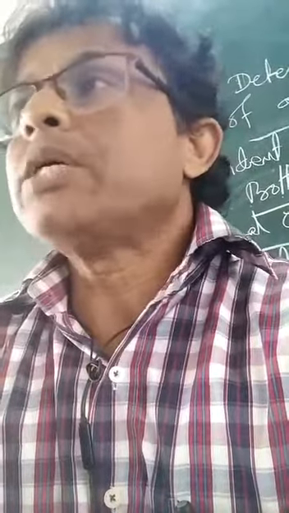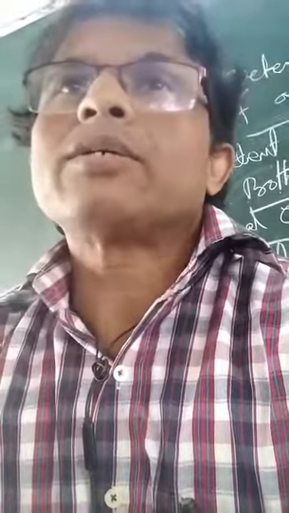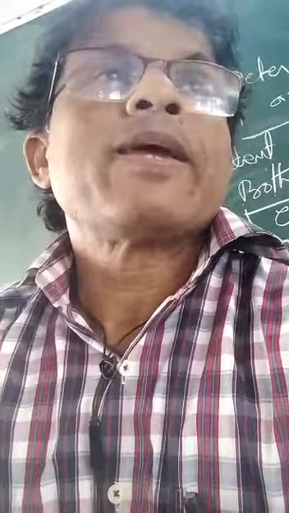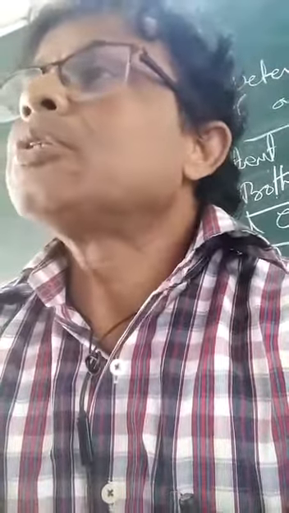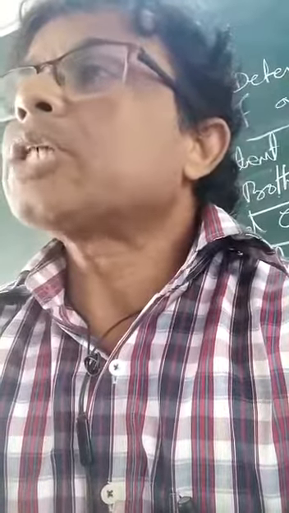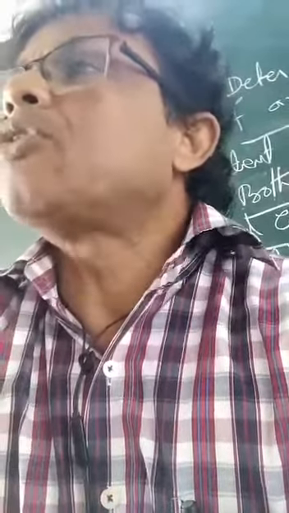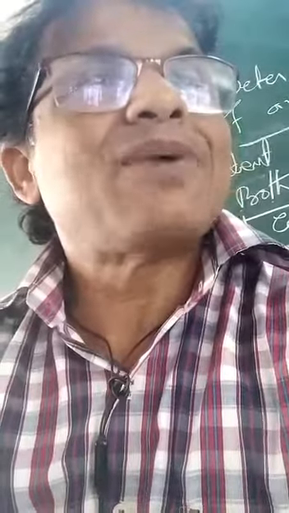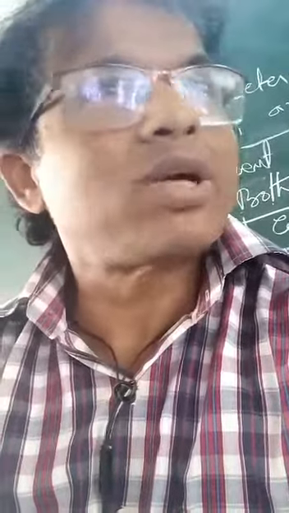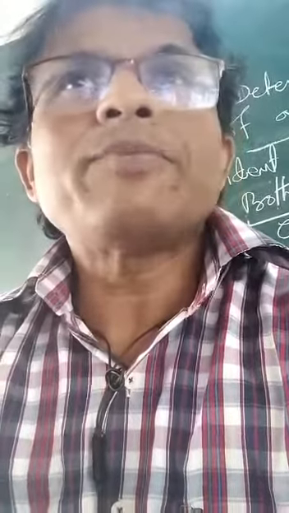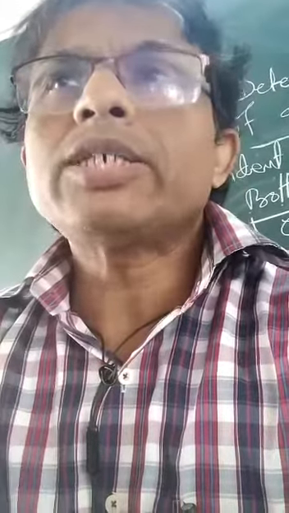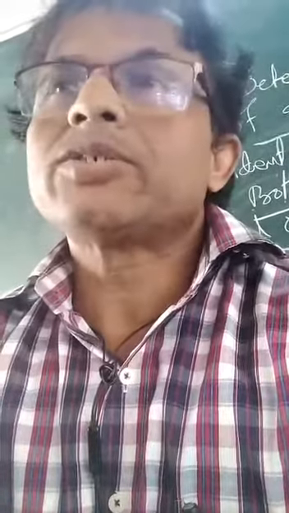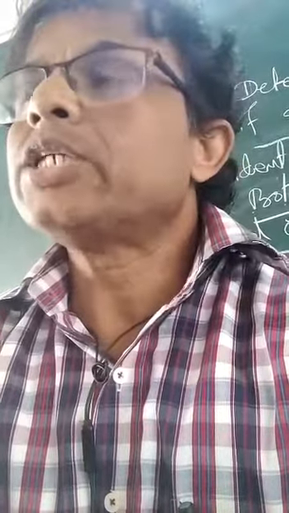Then he is not coming in category 1, he is going to category 2. Clear? And suppose there is a person who does not satisfy any of the basic conditions. Then he is non-resident.